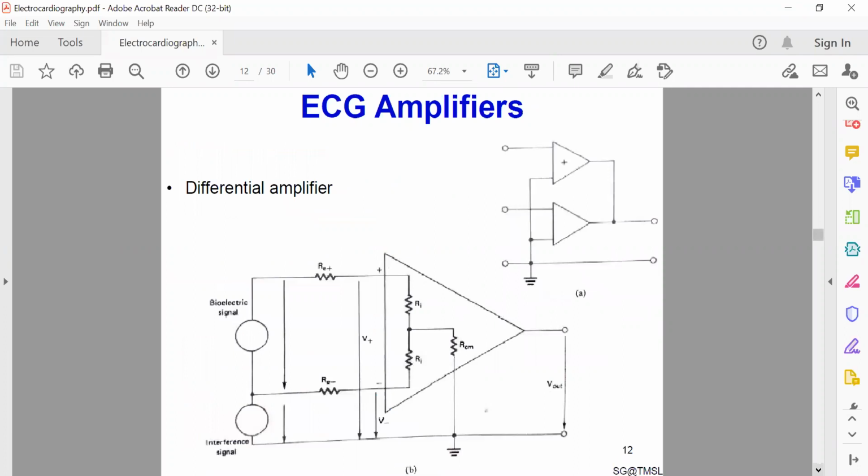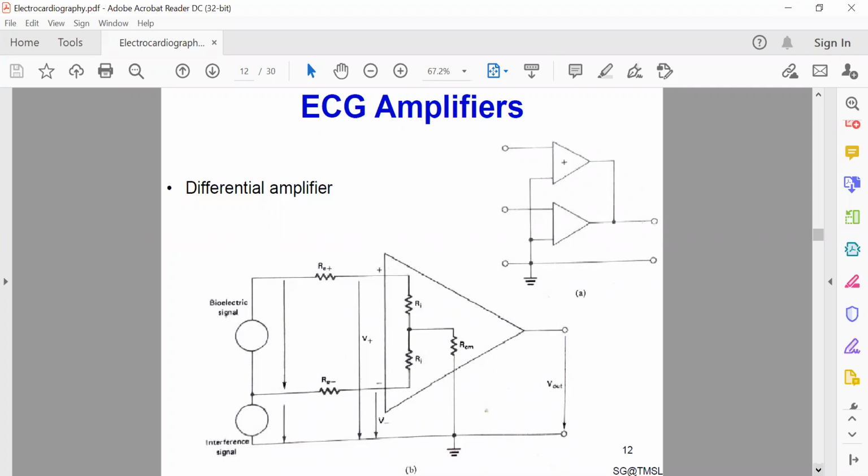Now coming to the ECG amplifiers. Normal electronic amplifiers are normally referenced to ground through their power supplies. This creates an interference problem when such amplifiers are used to measure small bioelectric potentials.